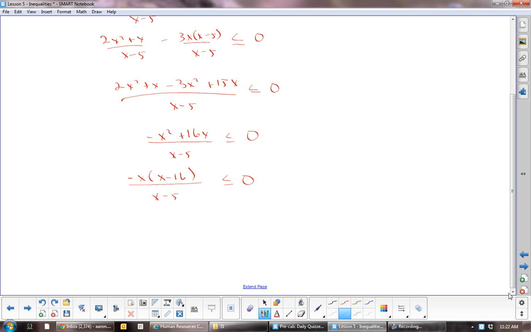Yeah. Well, if I took out the negative, because 16x isn't a perfect square, right? Okay. So, critical values.